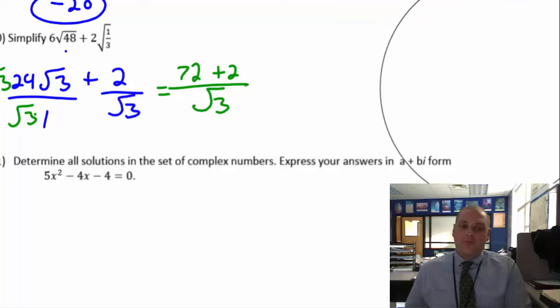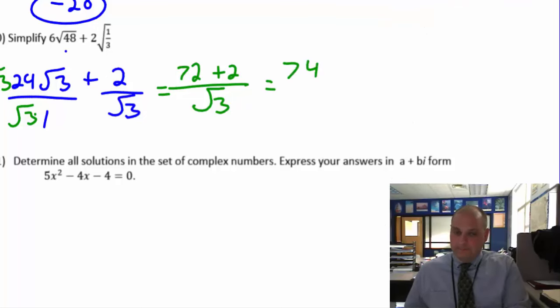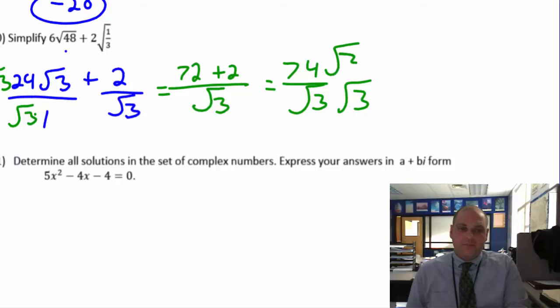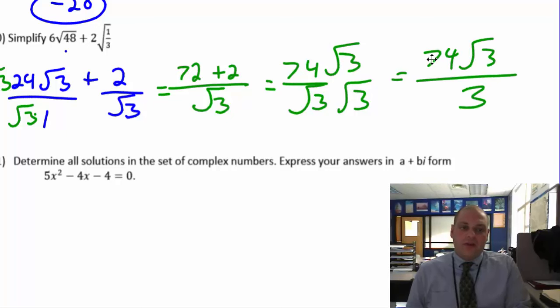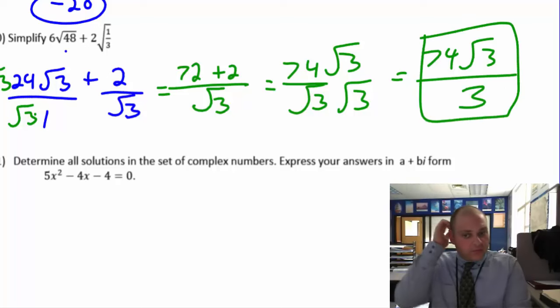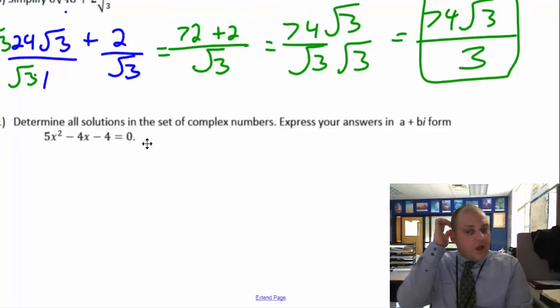Now I'm going to erase this because I don't need it anymore. And that's going to be 74 over radical 3. And then, of course, we don't leave radical 3 in the denominator, so we get 74 radical 3 over 3.